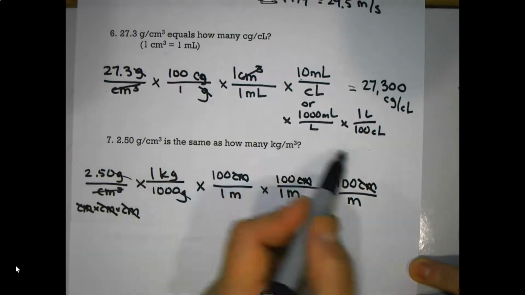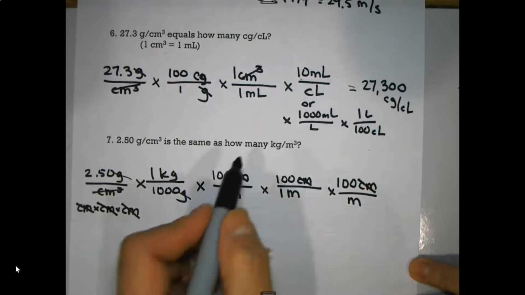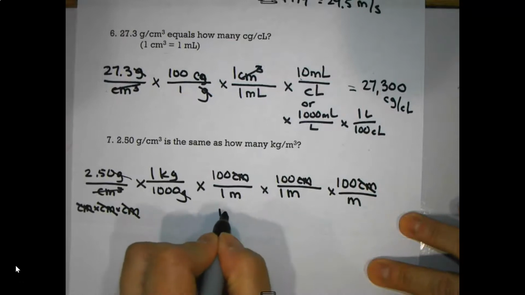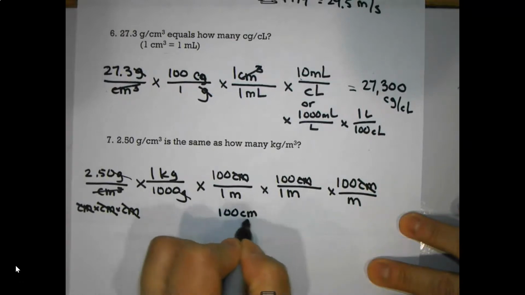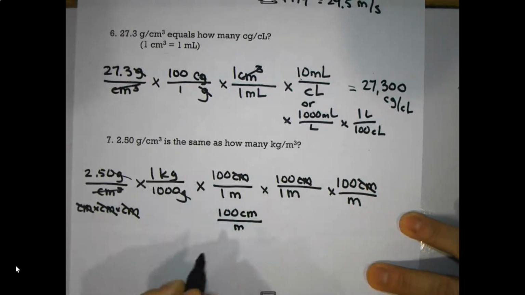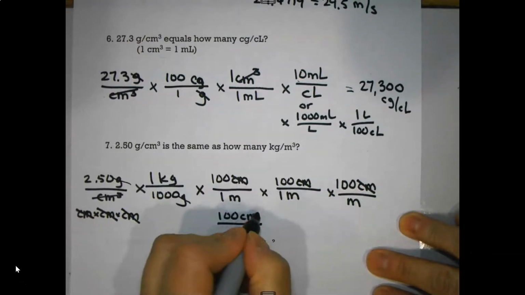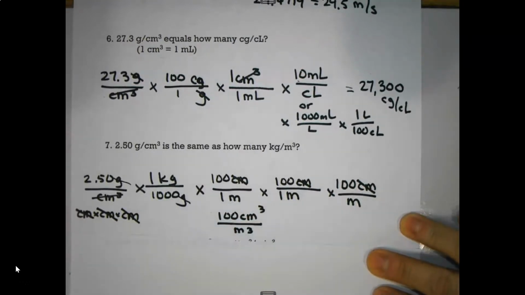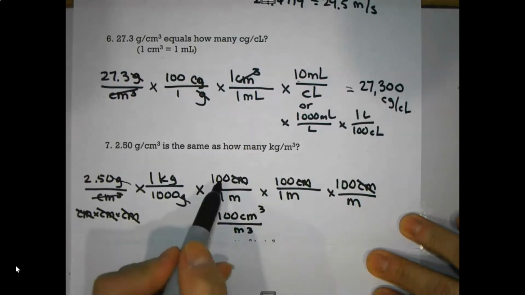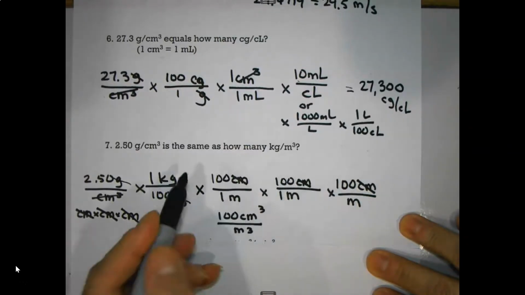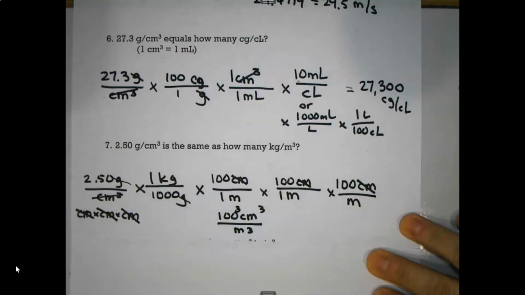Some of you might say, can't I just cube it? Can't I just say 100 centimeters per meter and cube it? The problem is you didn't cube the number. You also have to cube the 100. If you want to write it that way, you have to cube the number too.